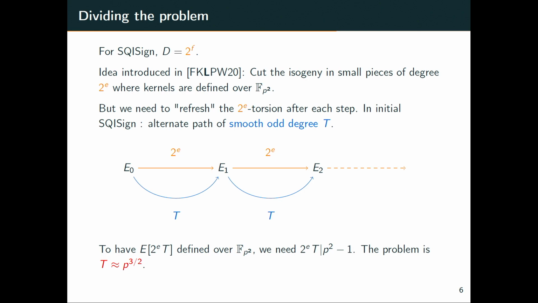But it's still very big, and in particular, it's bigger than p, which will make the task of finding such a nice prime p very complicated. And then the efficiency of the final scheme will really depend on the value of e and then the smoothness bound of T.